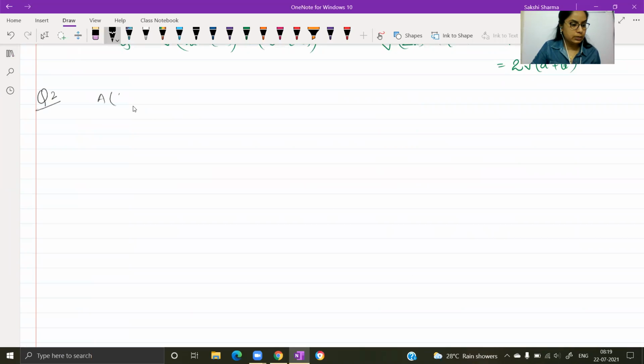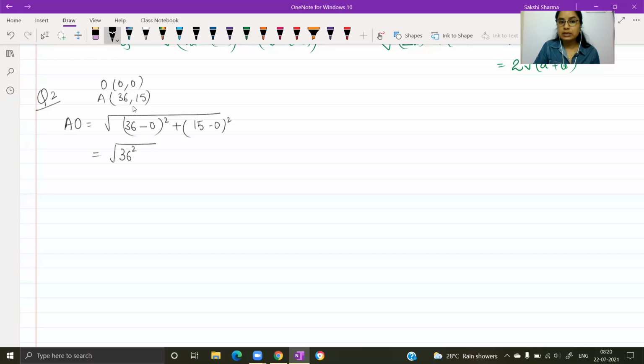So let's take a point randomly as A, with O representing the origin by default. The distance AO equals, if you apply the full distance formula, the difference of abscissas squared plus the difference of ordinates squared, but you don't need to write that step. You can simply take abscissa squared plus ordinate squared for the point whose distance you want to measure from the origin, and then solve this.